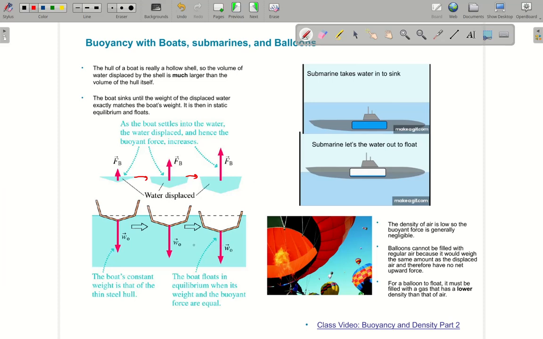We can also think of a boat as having an average density, and as we put empty space inside of it, making the volume larger, its overall average density decreases, and we have a floating heavy boat. A similar idea is used in submarines.